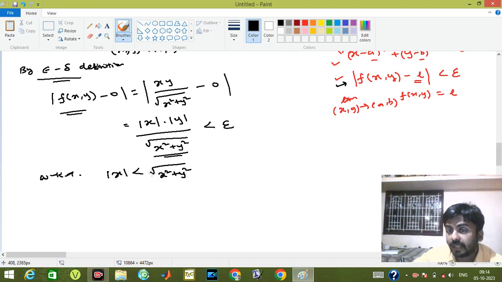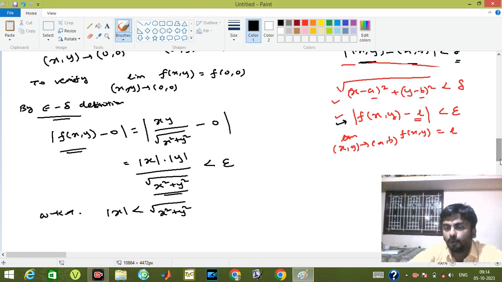Why are we taking this? Because we are trying to promote this result. Are you able to understand? Here a equals 0 and b equals 0, so it becomes the square root of x square plus y square, and automatically we will get delta.